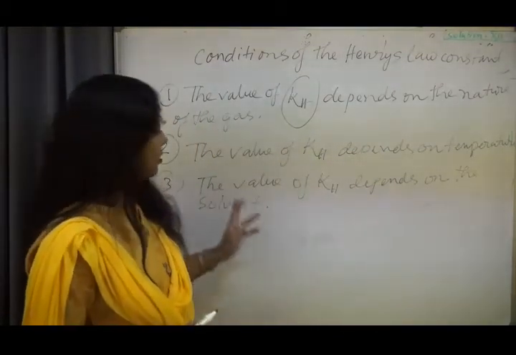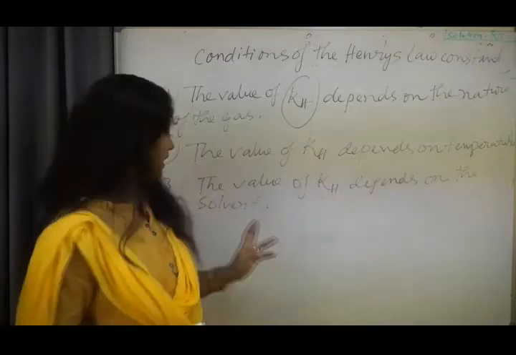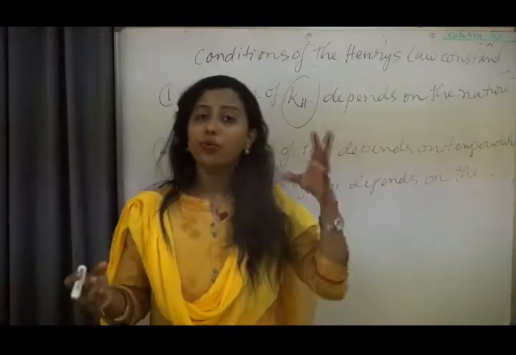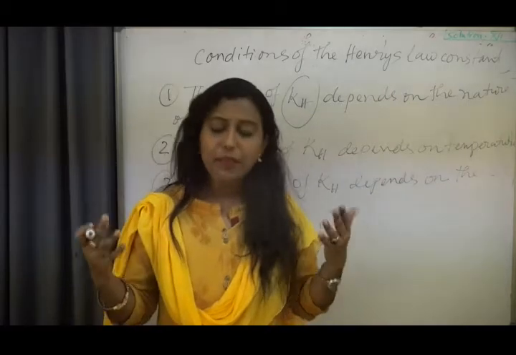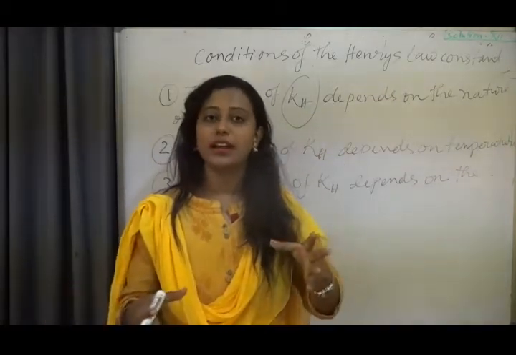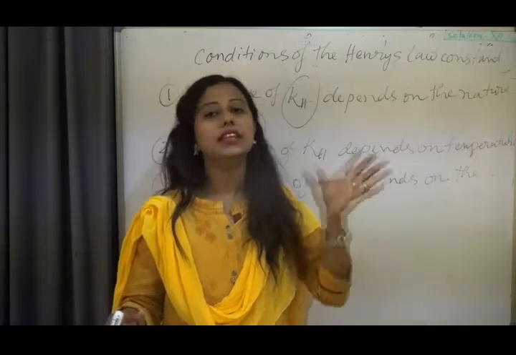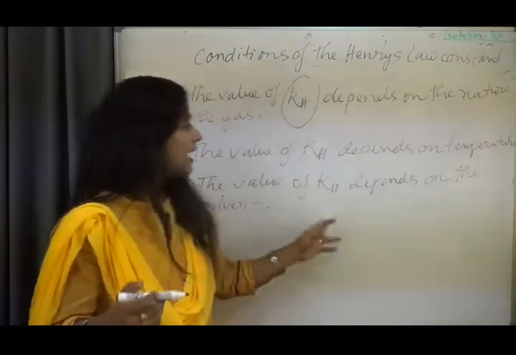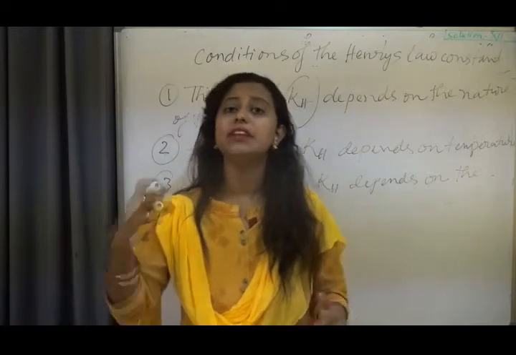Also this depends on the nature of the solvent, in which solvent it is mixing. Suppose O2 is mixing with water and O2 is mixing with ethanol. Then the Henry's law constant will differ.